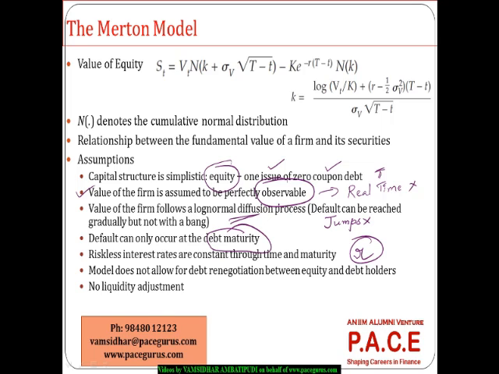So there could be some level of renegotiation that can happen between the parties, and a different deal might be struck between them. But here the model is saying no such kind of stuff exists, and no liquidity adjustment. So with these kind of assumptions, this model is perfectly able to use the Black-Scholes option pricing formula to come out with the value of the equity.